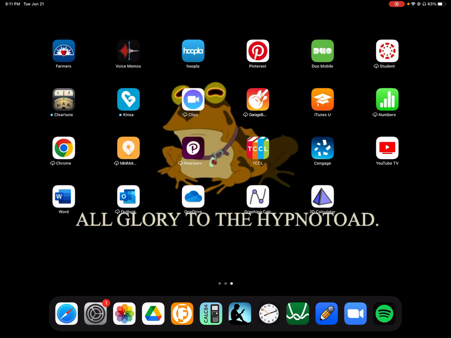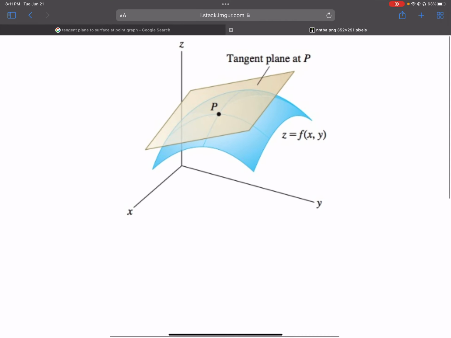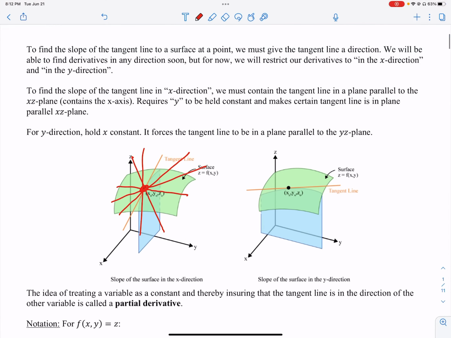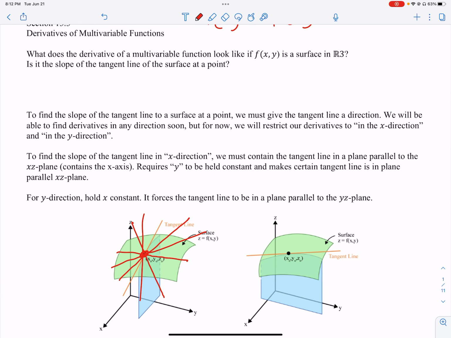Because they would just touch that surface at that one point. I think I have a picture pulled up. Sorry for the other stuff here. It's a tangent plane, but you can capture the idea here that we can put an infinite number of lines through that point P that stays in the plane there. So when we ask ourselves, is it the slope of the tangent line of the surface at a point?